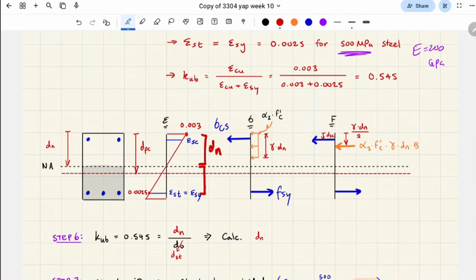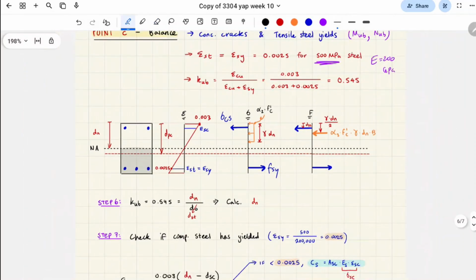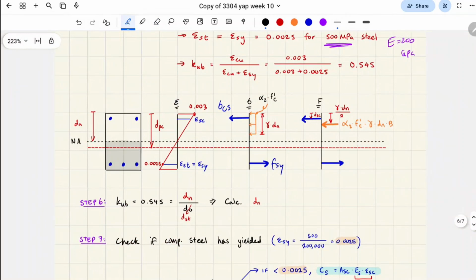If these numbers are similar, it could either be yielded or not. So you should definitely check the compressive bar yield assumption in this stage.